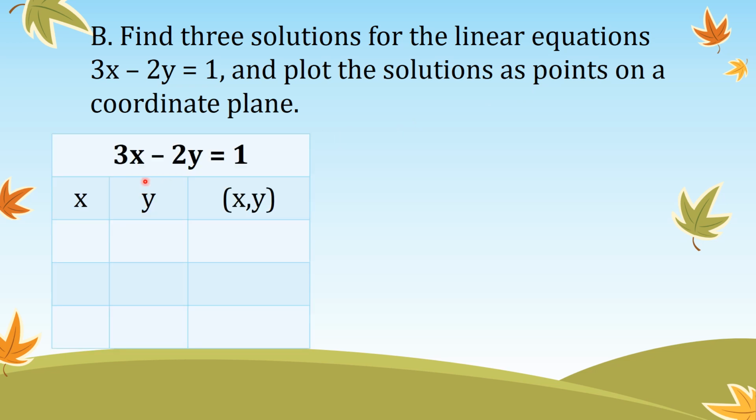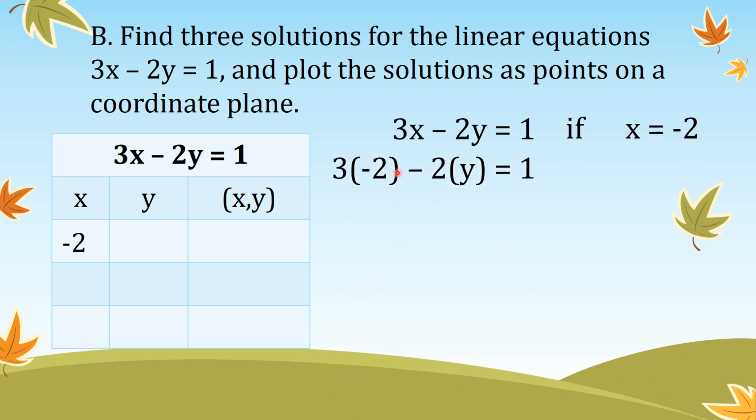So we are given 3x minus 2y equals 1. Tayo na po yung pipili kung anong gusto nating value sa x. So ang pinili ko ay negative 2. So let us solve 3x minus 2y equals 1 if x equals negative 2. By substitution, so 3 times negative 2 minus 2 times y or 2y equals 1. Simplifying, so 3 times negative 2 is negative 6 minus 2y equals 1.